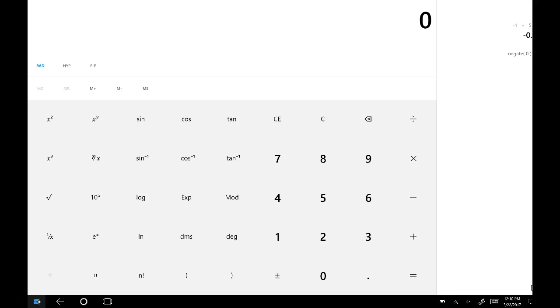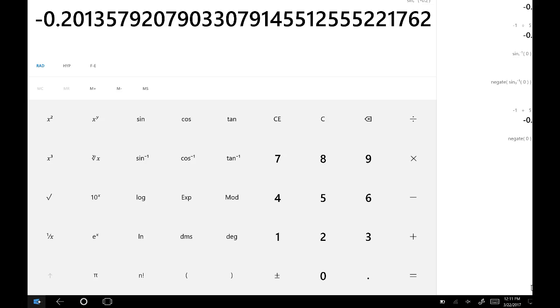There you go. Sine inverse 1 negative divided by 5. Nope, that's not happening. Clear that out. 1 negative divided by 5. Answer. Now do sine inverse of that. Woo! Is that the right answer?